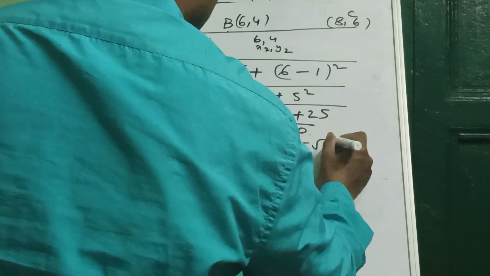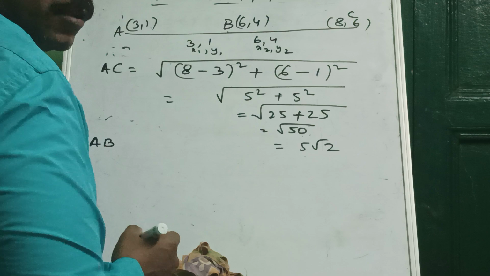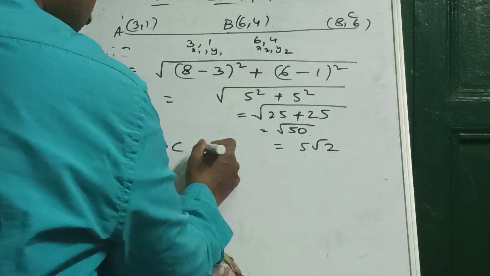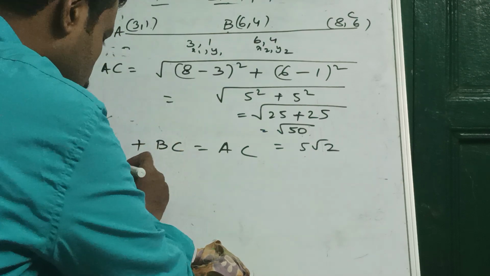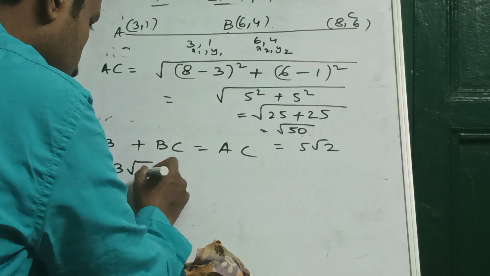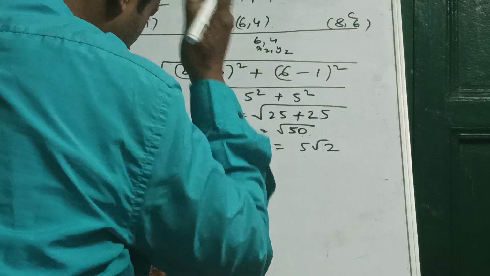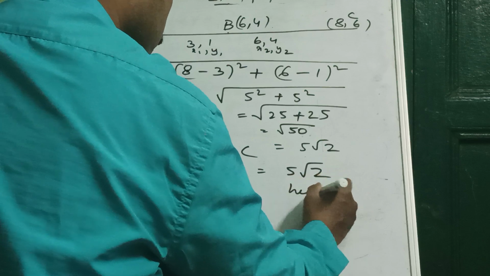That is 5 root 2. At first, we know that AB value is root 18. So AB plus BC equals AC. We can easily calculate: 3 root 2 plus 2 root 2, that is 5 root 2. Hence proved.